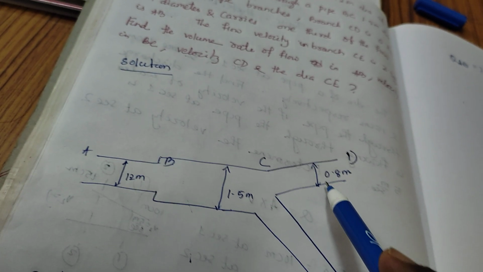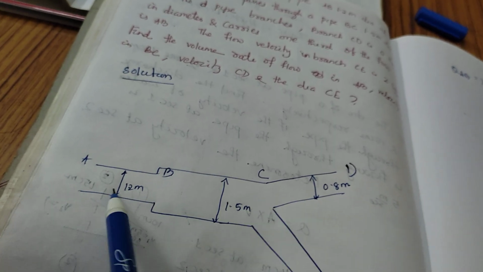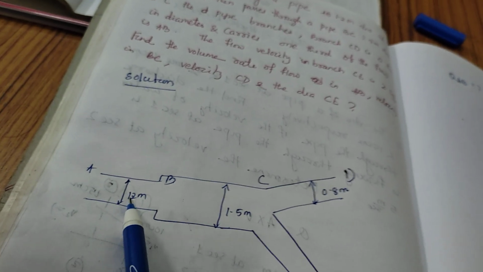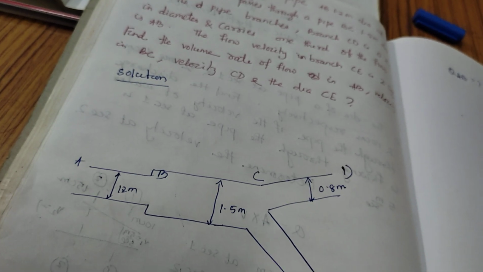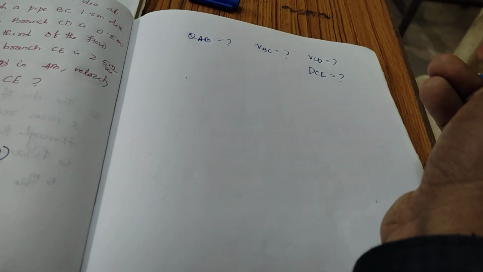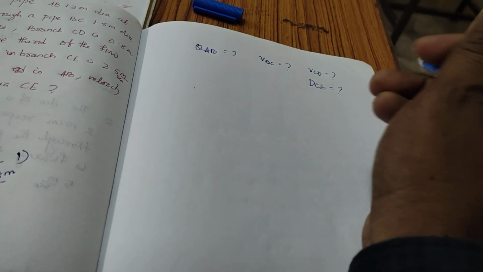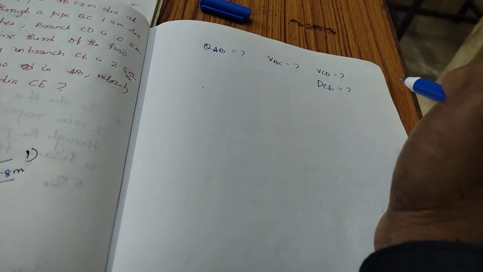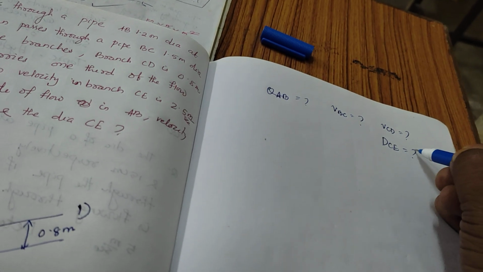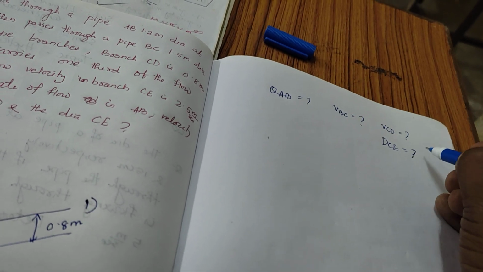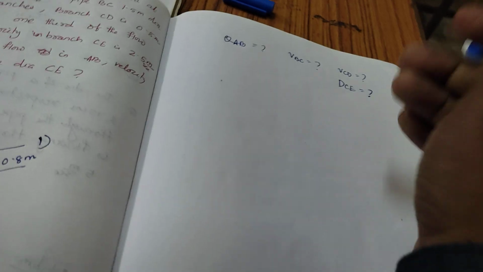In CD, 1/3 of the flow of AB will flow. So after that, we can determine discharge at AB, velocity at BC, velocity at CD, and diameter of CE. And next class we solve the problem. Okay, thank you.